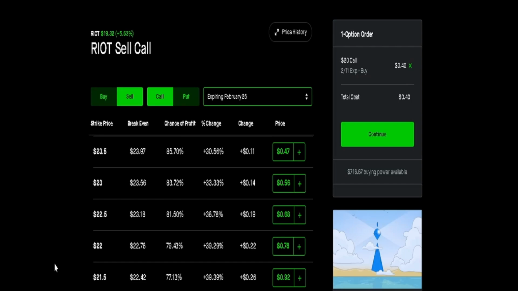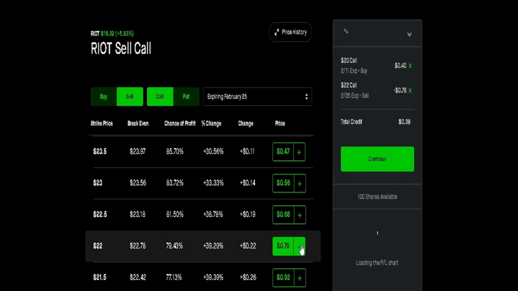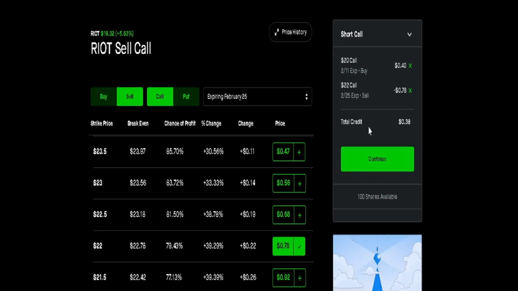This is not that you have to do it this way, but this shows you how to roll an option. So for instance, let's say I wanted to do $22. So you can see I would get a credit of $38, which is here showing as 38 cents per share, but there's a contract which is 100 shares, hence $38.